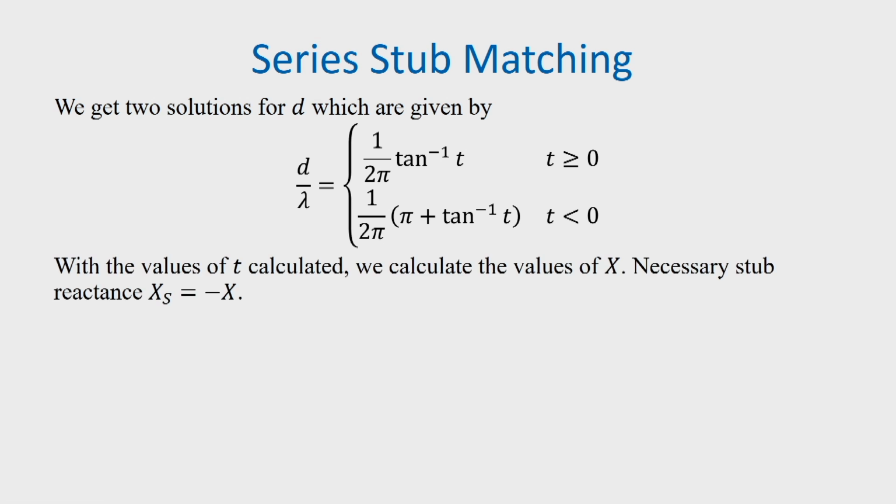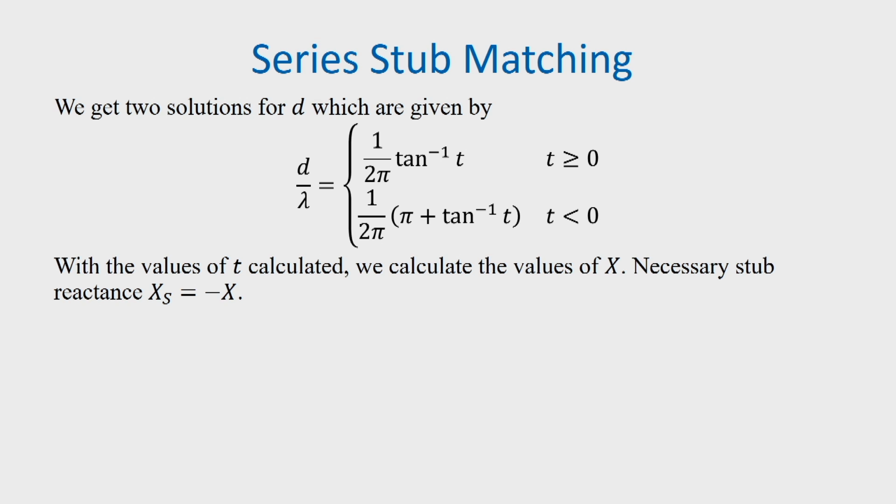So, with the values of t calculated, we calculate the value of x. We have already shown the expression for x, and when we calculate the value of x, the necessary stub reactance xs is equal to minus x.